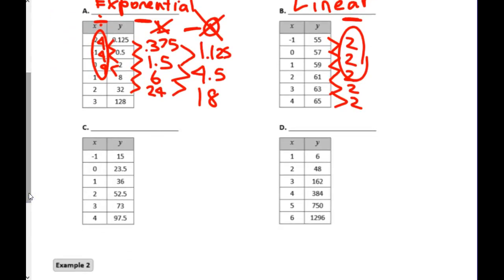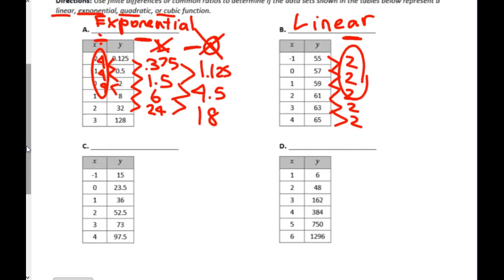Okay? Try C. Subtract these. 23.5 minus 15 is 8.5. 36 minus 23.5 is 12.5. It's already not the same. 52.5 minus 36 is 16.5. So is the first difference the same? No. So is it linear? No. Let's try the second difference.